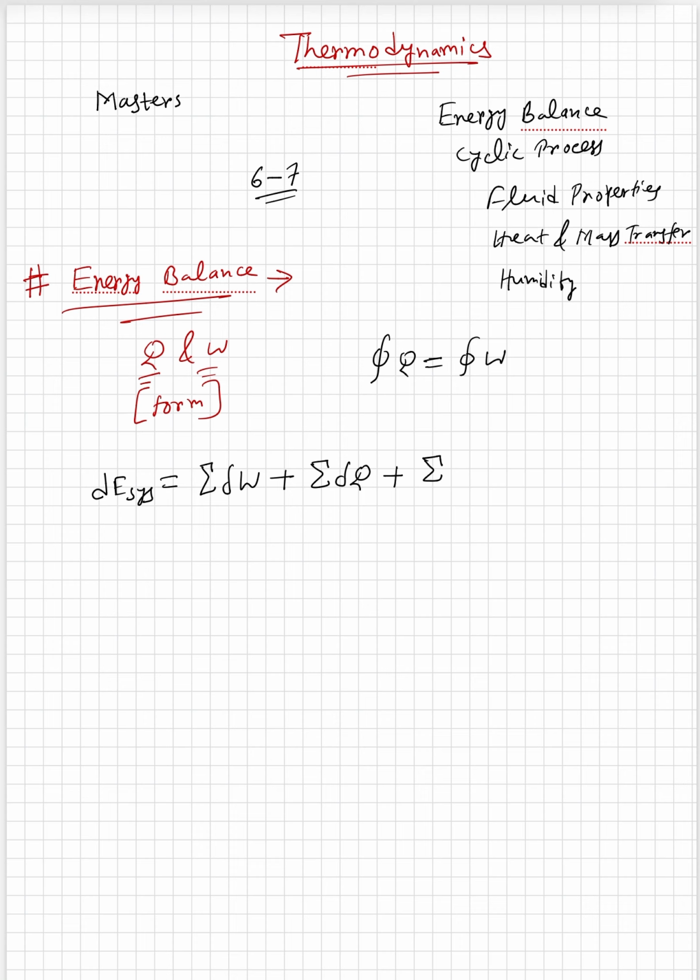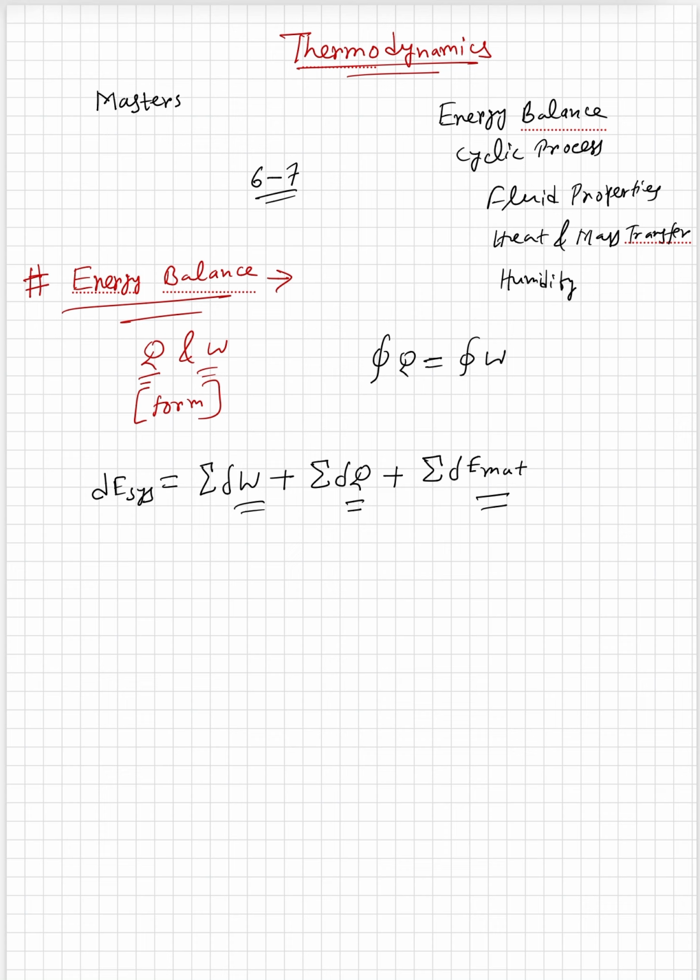And we can transfer energy to the system via material transportation or material energy. So basically, I have written down the first energy equation: energy is in the form of work, energy is in the form of heat, and energy is from the material. Via these three modes, energy can be transferred between the system and the surroundings.